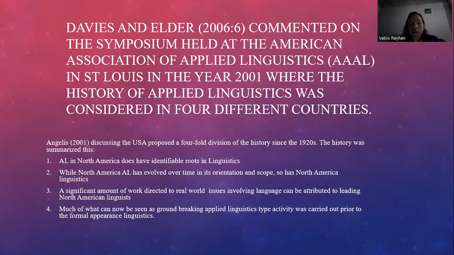A significant amount of work related to real-world issues involving language can be attributed to leading North American linguists. 4. Much of what can now be seen as groundbreaking applied linguistic type activity was carried out prior to the formal applied linguistics.